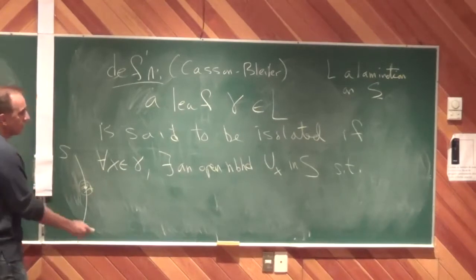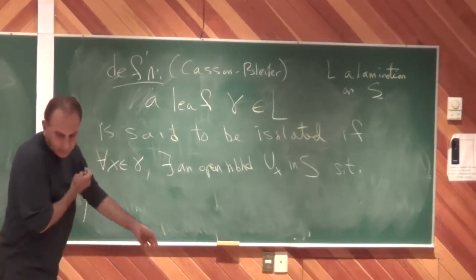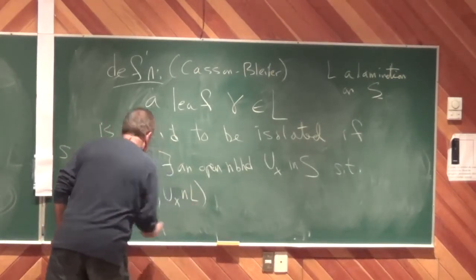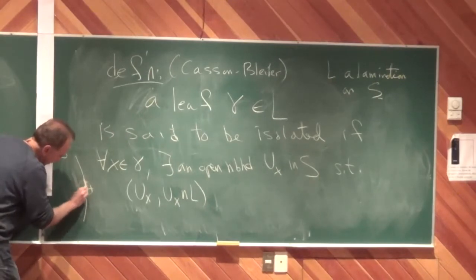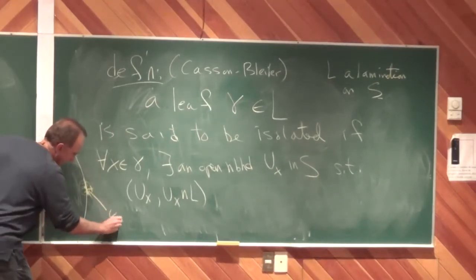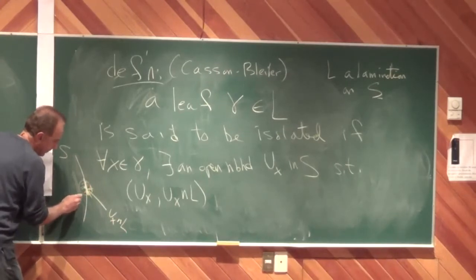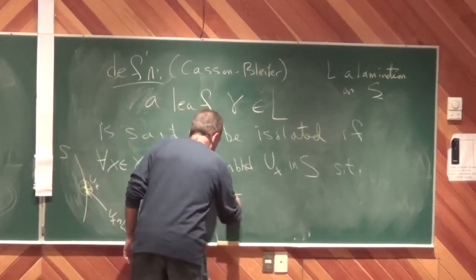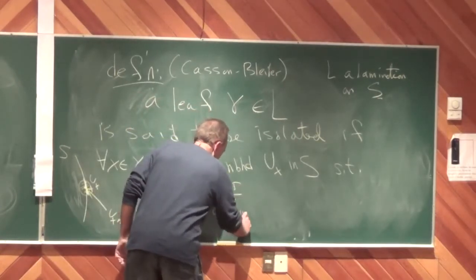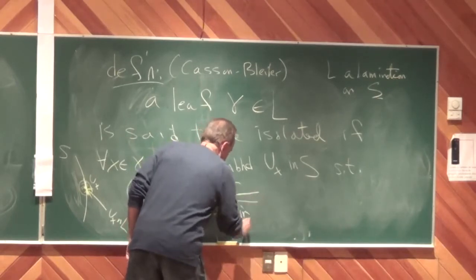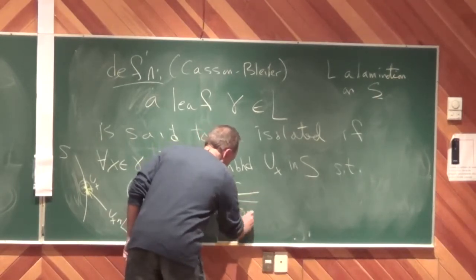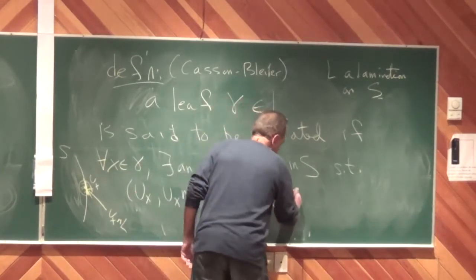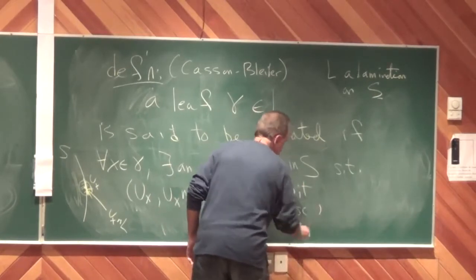So one way to say that, in the topological setup, is that the pair U_x with U_x intersected with L should be, as a topological pair, just the same as the unit disk and a diameter.